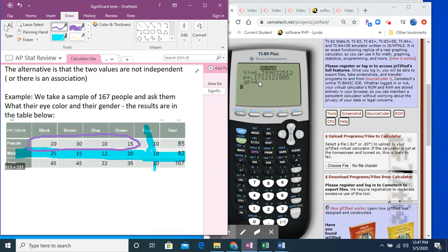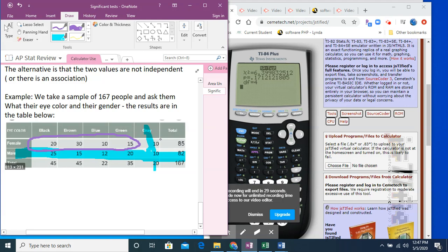Notice we have 4 degrees of freedom. Another way to look at this is the number of columns minus 1 times the number of rows minus 1. And again, in this case, that would be 5 minus 1, which is 4, times 2 minus 1, which is 1. So 4 times 1 is 4. So there's our degrees of freedom.